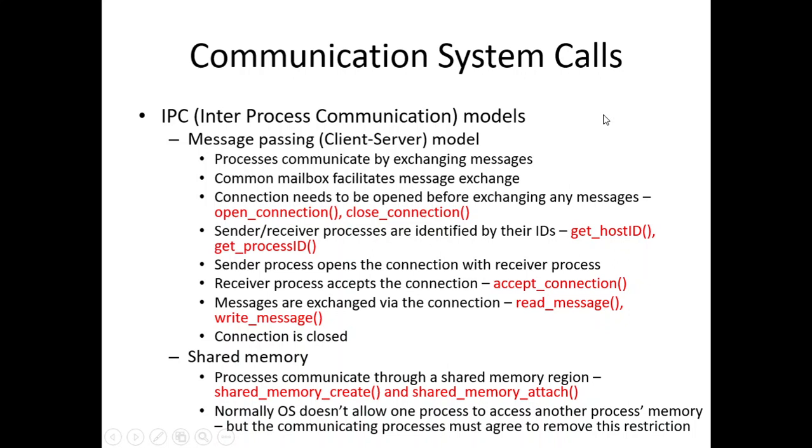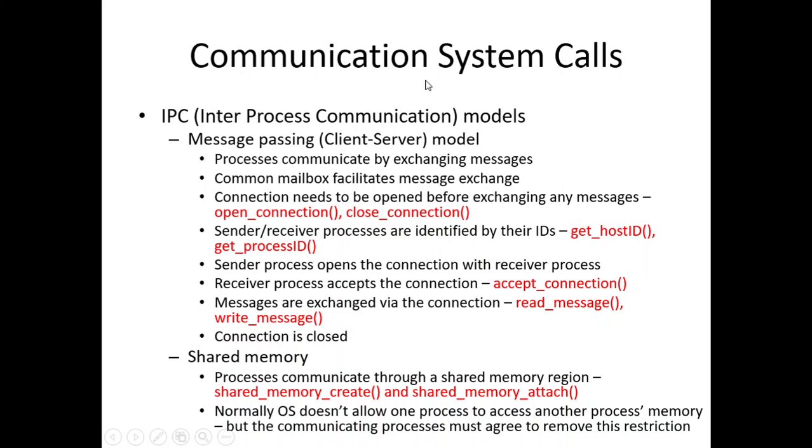Whenever two processes want to communicate using this model, they have to set up a connection between them. That connection setup can be done by the open connection system call. The sender process would open the connection, and once it is opened, the receiver process would have to accept that connection. That is done by the accept connection system call.